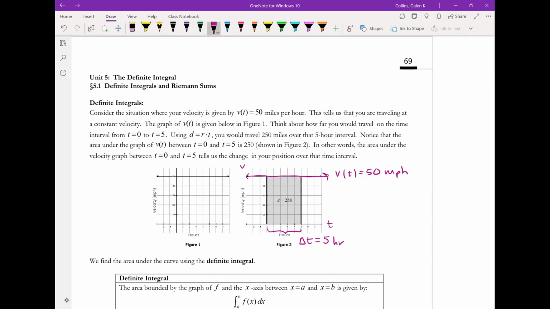So what you might notice on this graph is that when we look at the area between the velocity function, so between the line and the t-axis or the x-axis, we have a rectangle.